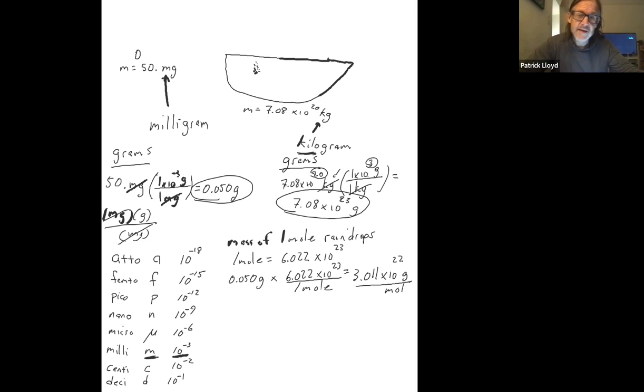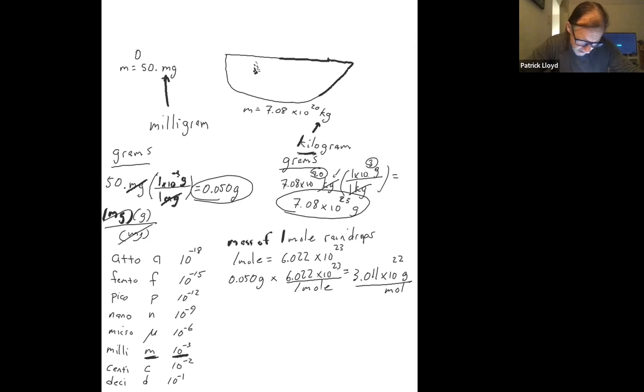We just figured out the molar mass of raindrops. Now, molar mass is used in chemistry. It's not used in meteorology, but that's really the molar mass of raindrops. If raindrops were an element in the periodic table, or if they were a particular compound, like, you know, a raindrop is a compound or a molecule, then that would be the molar mass. Okay, so that's how many grams are in a mole.